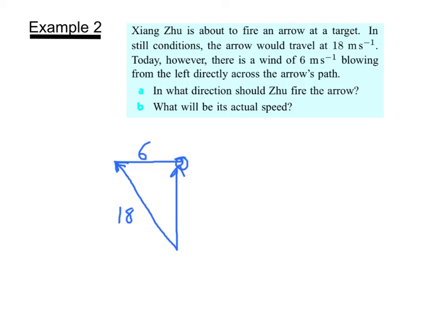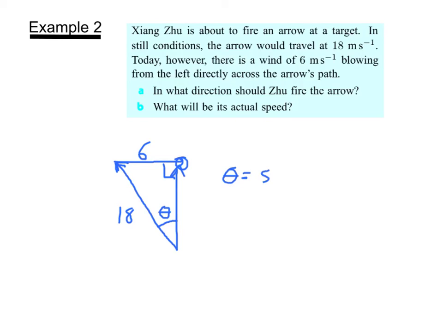So notice my right triangle. I know a couple things. I know the hypotenuse and I know the opposite side. And the first question I'm trying to answer is, what direction should she fire? Well, let's use this angle here, angle theta, to be our direction. And going back to chapter 10, we can solve for theta pretty quickly here. We have opposite over hypotenuse here, so not the tangent.